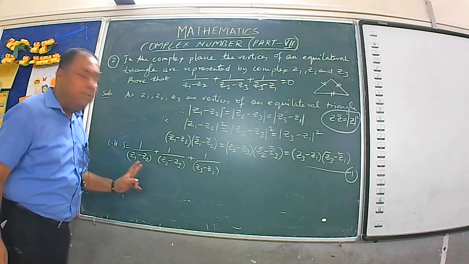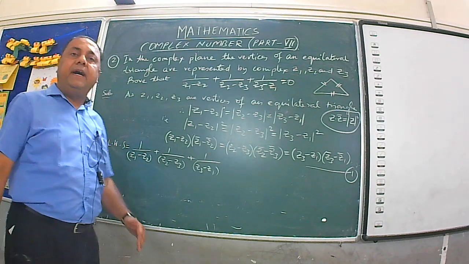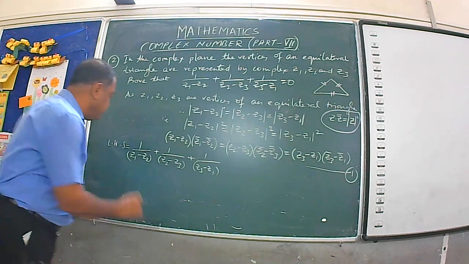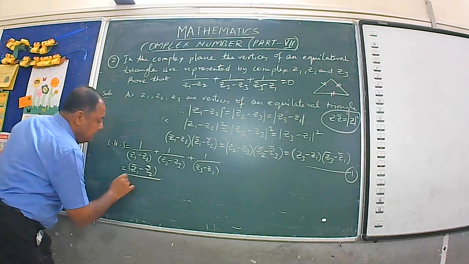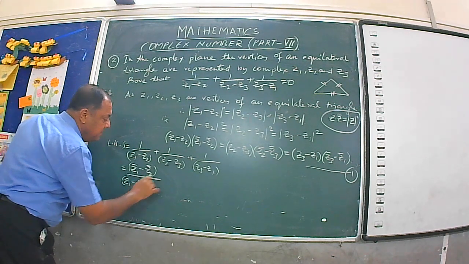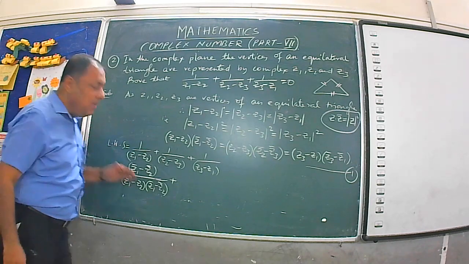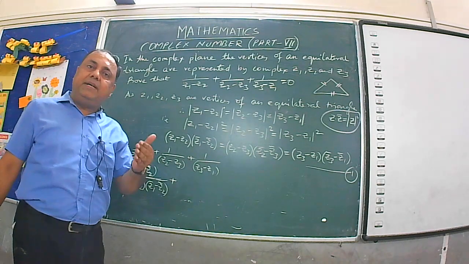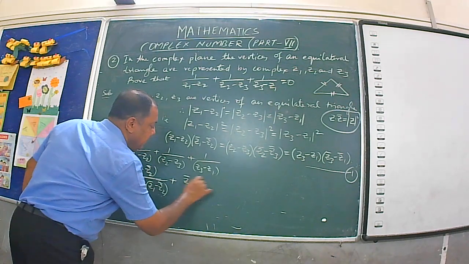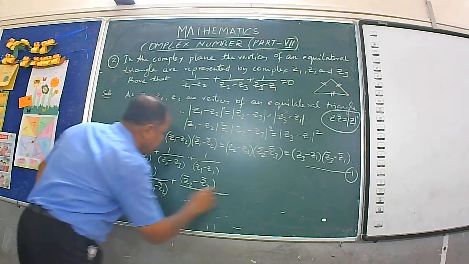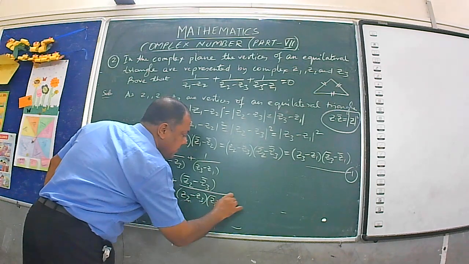I now multiply all three, numerator and denominator, by their conjugates, that is Z1 bar minus Z2 bar divided by Z1 minus Z2 into Z1 bar minus Z2 bar, plus, multiplying the denominator by its conjugate, Z2 bar minus Z3 bar by Z2 minus Z3 into Z2 bar minus Z3 bar.